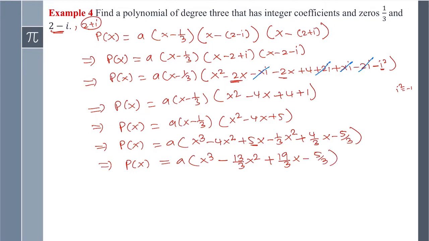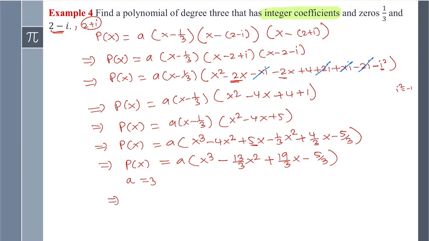Now we are not given any other condition. The only condition that we are given here is that the coefficients are all integers. So if we take a equals 3, then we get all the coefficients as integers. So that's what we are going to plug in here.